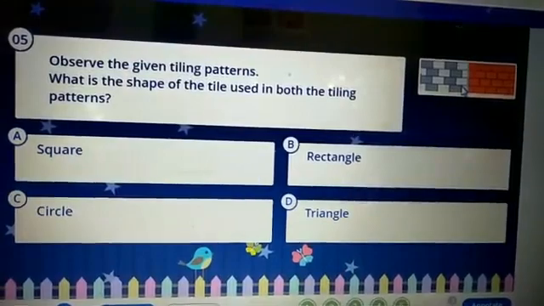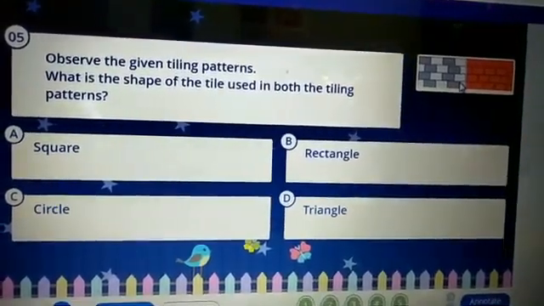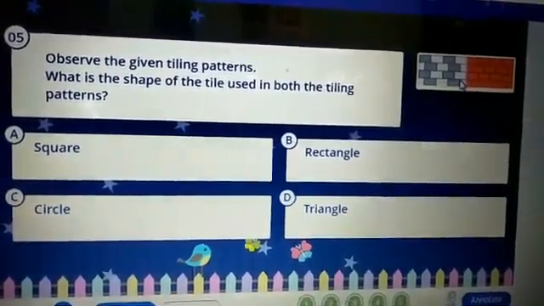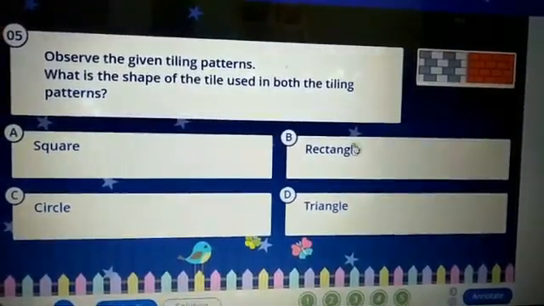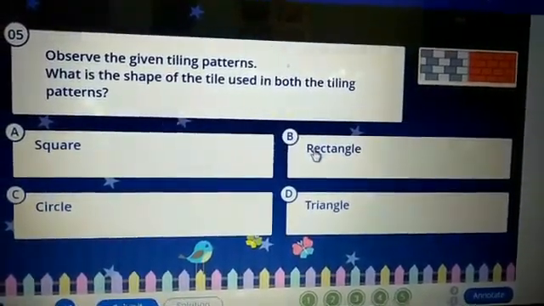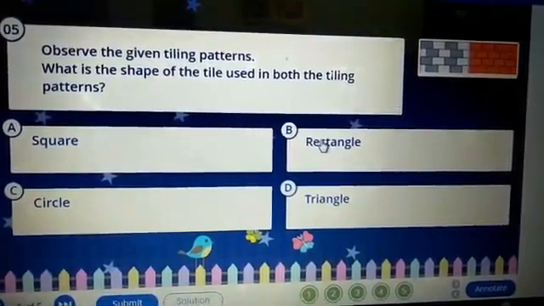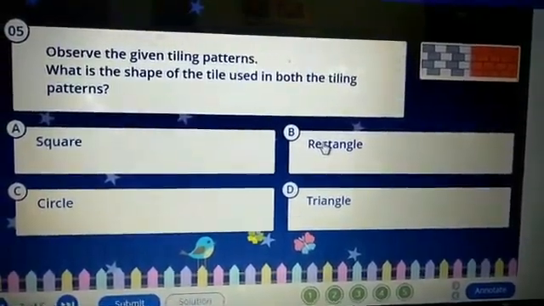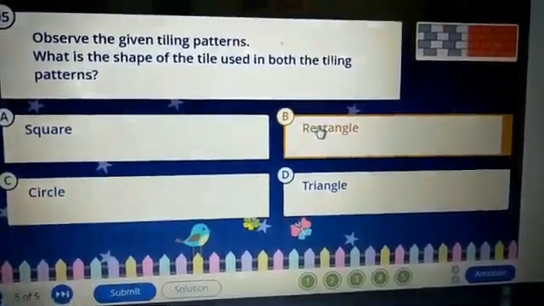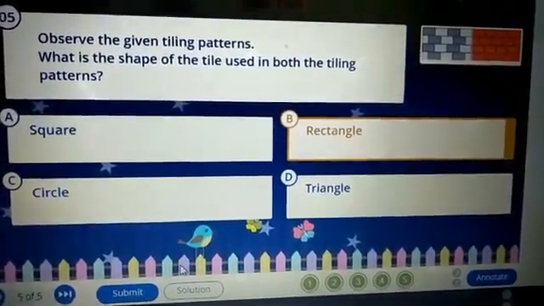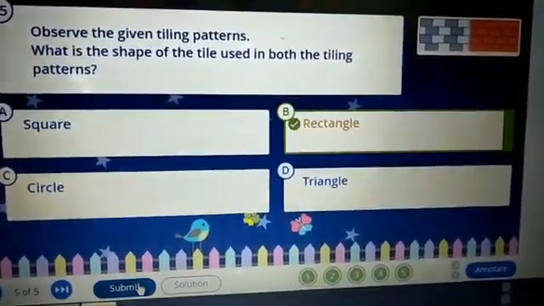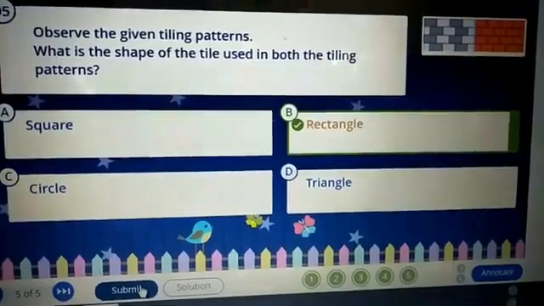What is the shape of the tile, children? Yes, very good. Rectangle. Where is it? In the B option, rectangle. So I select B. Shall we check our answer? Yes, correct, children.